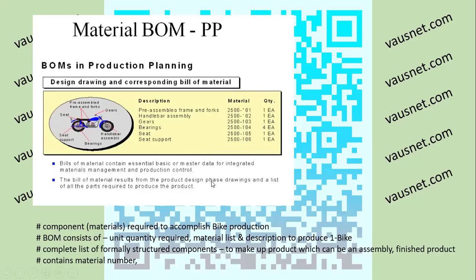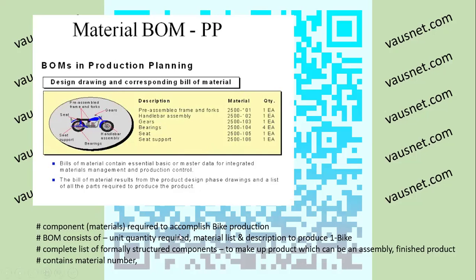Now, the design department will actually roll out the requirements. Okay, it will roll out how the model will be produced. The bill of material results from the production design phase, drawings and a list of all the parts required to produce the product. So the design department will be responsible. So the material BOM can be a responsibility of the inventory and the design department.